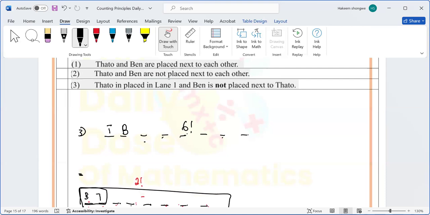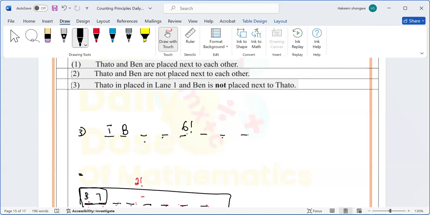Tato is in number 1 and Pen in number 2. They don't have to be in the first place as an object, where it could be Pen then Tato or Tato then Pen, but here they said Tato should be in line 1. Because we want them to be together, Pen should be in number 2. I can't put Pen in number 8, because Tato is already in number 1.